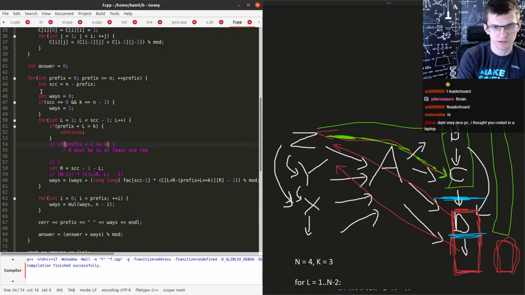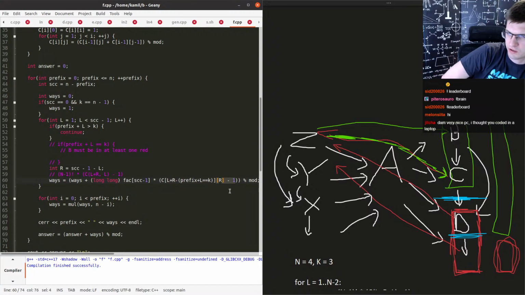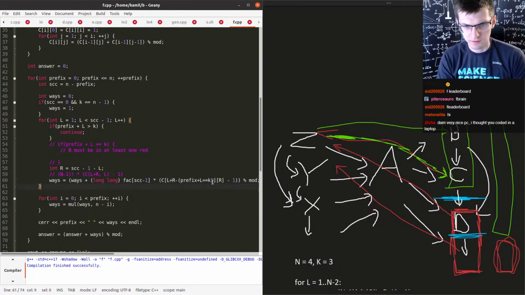For prefix equal to 0, you should split into L and R. L is 1, R is 1. What 1 do I subtract here? This is the case where everything is red or everything is green, I think. What is that? One of those two. And if this is the case, then we shouldn't subtract.